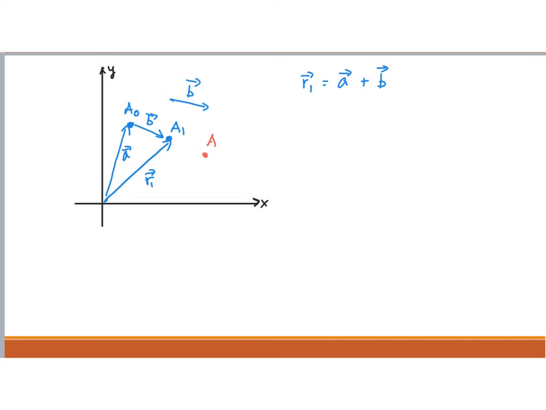We'll call its new location a2, and the position vector of that new location, if we call it r2, is actually the sum of the position vector of the original location plus this vector, which is actually 2b. So we could say that r2 is equal to a plus 2b.